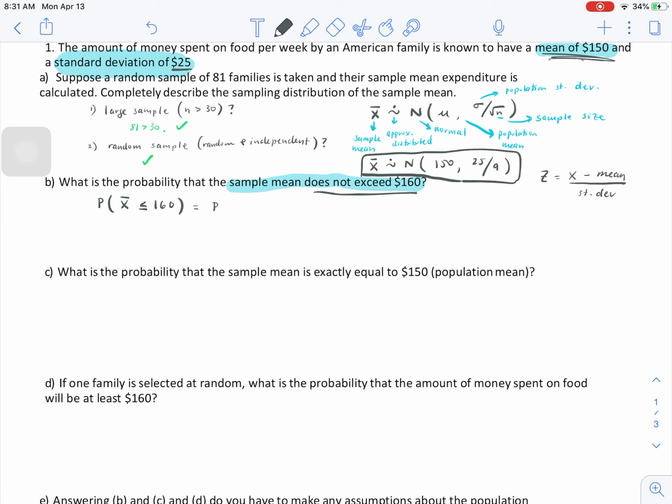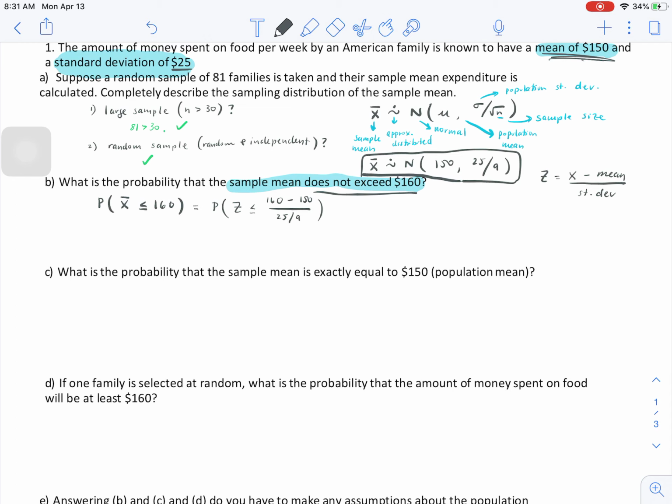So this is equal to the probability that our standard normal is less than or equal to 160 minus the mean. Remember, the sample mean is distributed normally with mean 150, divided by its standard deviation. Careful here that the standard deviation of the sample mean is not 25, it's 25 over 9. So divide by 25 over 9.